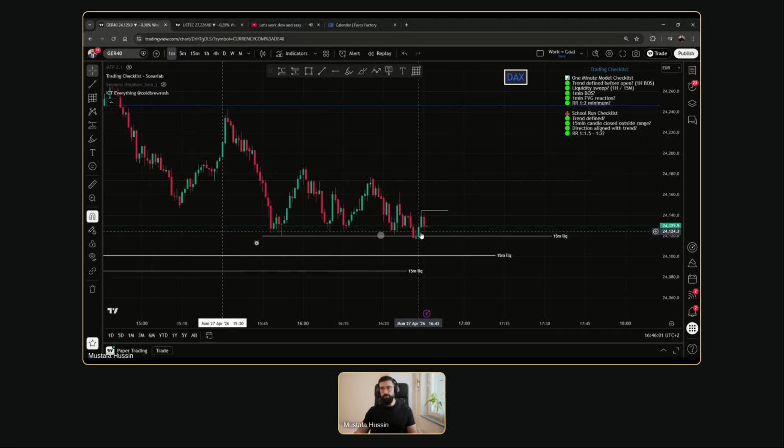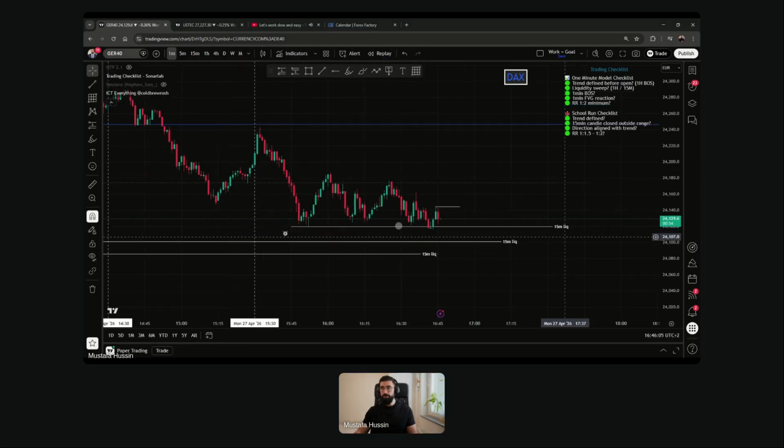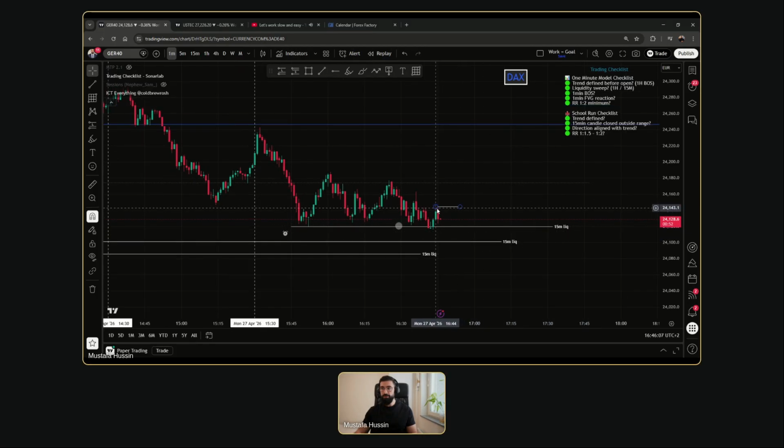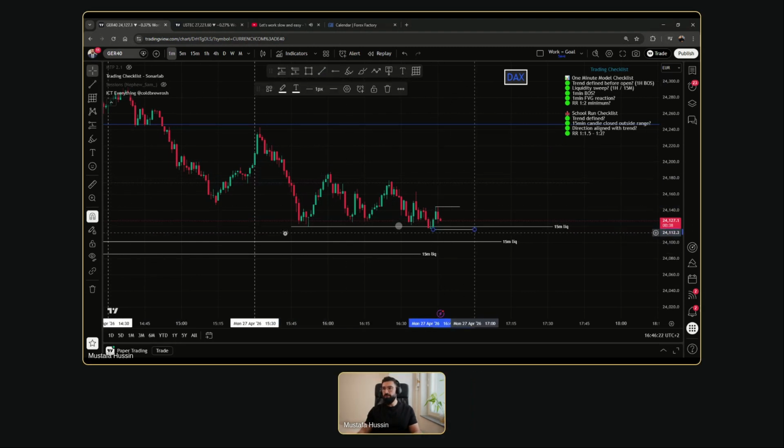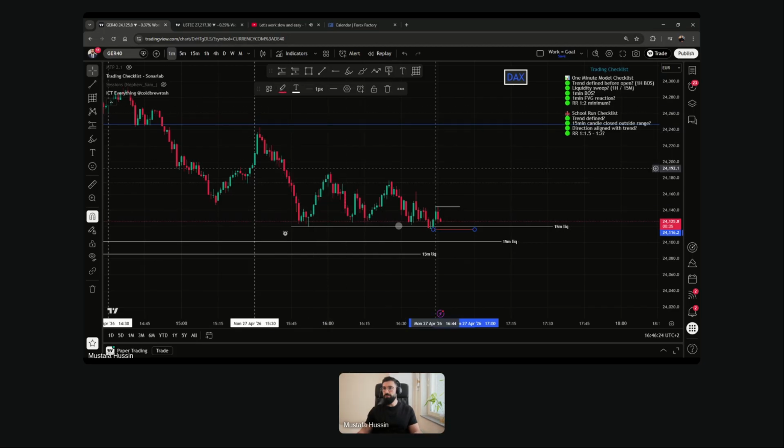So there's a fair value gap right here. It reacted off of it. If it closes over this wick right here, that means we got a break of structure. I'm waiting for it. Planning my stop loss to be around this area right here.